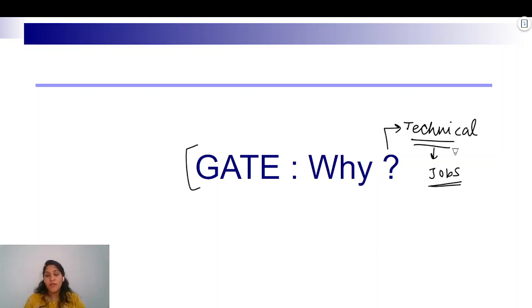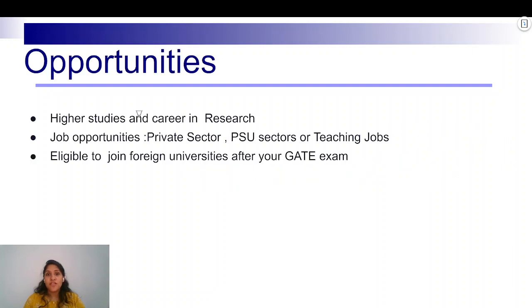Let's discuss the main point of why you need to give the GATE. There are 3 things that you will get once you clear the GATE exam. One thing is higher studies, right? You will get a chance to do MTech or PhD if you clear this exam, and that's how you can also create a career in research. Second is job opportunities.